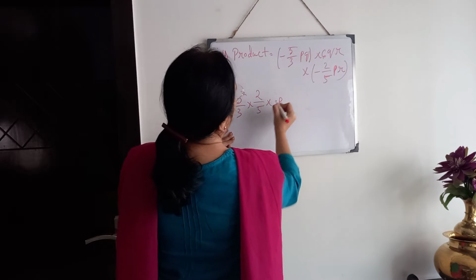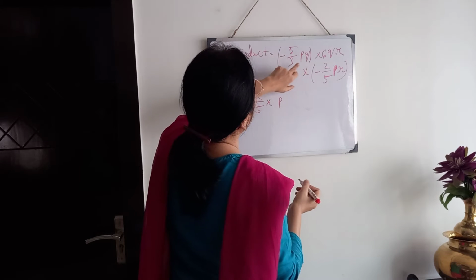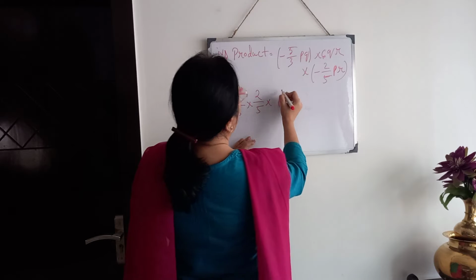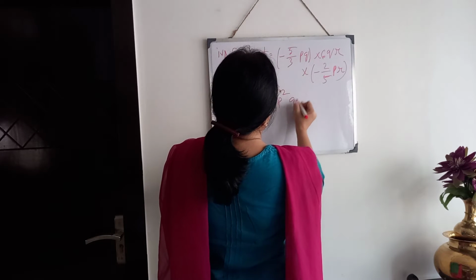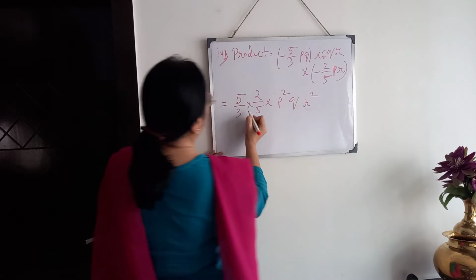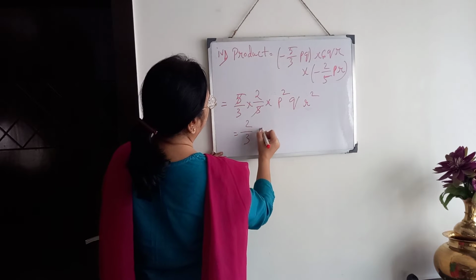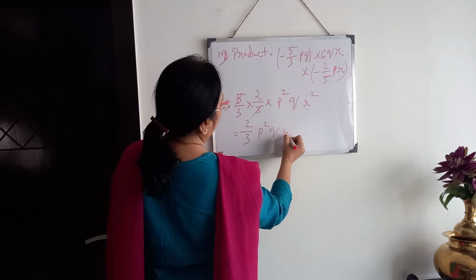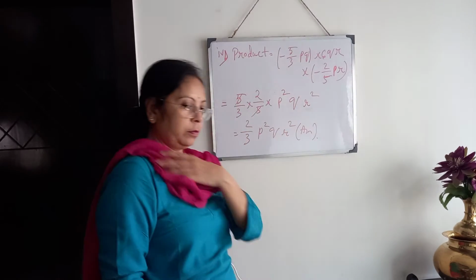Then p, directly we are doing this. Okay, easy this one. p into p means p square. q, there is only one term. r into r, that means r square. Now 5 cancels out. 2 by 3 p square q r square. This is the answer. Clear?